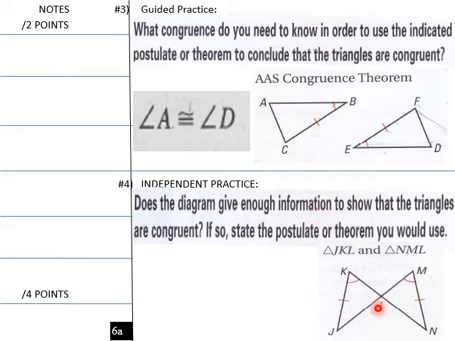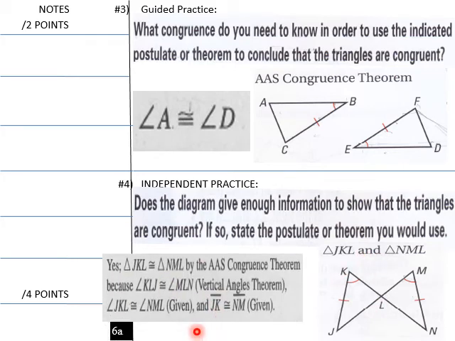And then down here, what do we need, students, for JKL? Okay, for that angle angle side, we need another angle. Well, we have these here. These are vertical angles, right? JKL is congruent to NML, that's given.